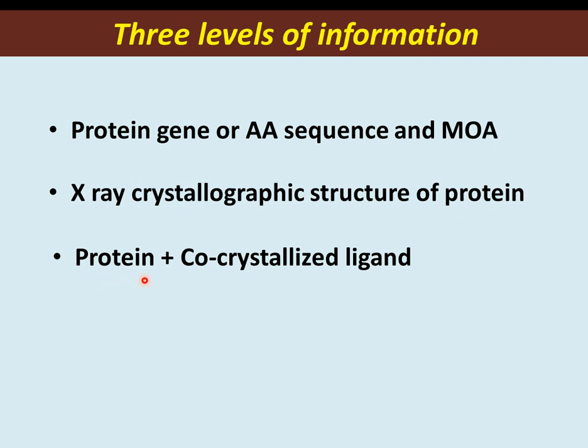In the third case, protein plus co-crystallized ligand is there, so the protein and its active pocket can be easily identified because the ligand is also there. Bioactive conformation is also available to us. So this is the best data one can get regarding a protein or receptor. This helps people do computer-aided drug designing or structure-based drug designing easily.